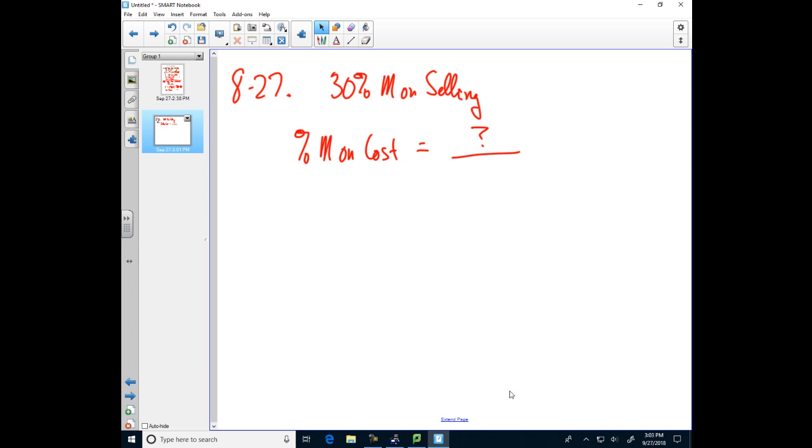Now, is there anything else we know? That he only wants to charge $120. Right. He wants the selling price to be $120. Now, that's not specifically mentioned in that problem, but we know that, and we might need that. But does it specifically say it in this problem itself?